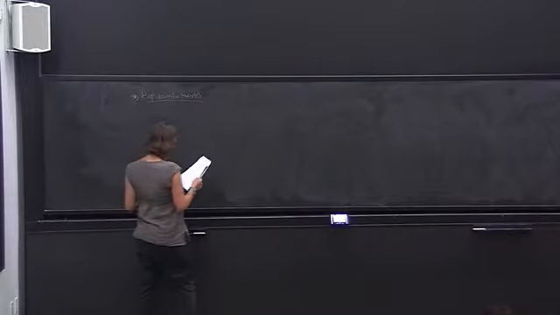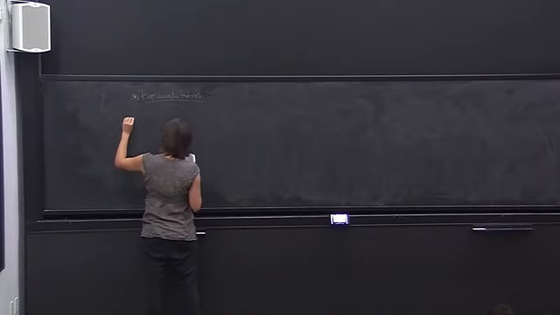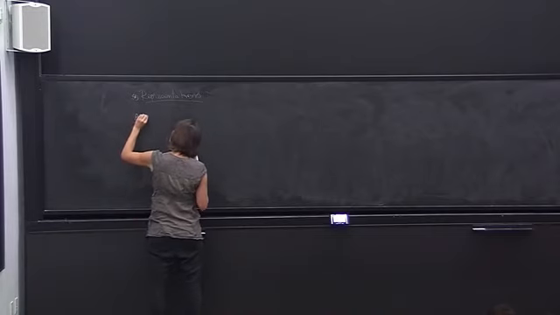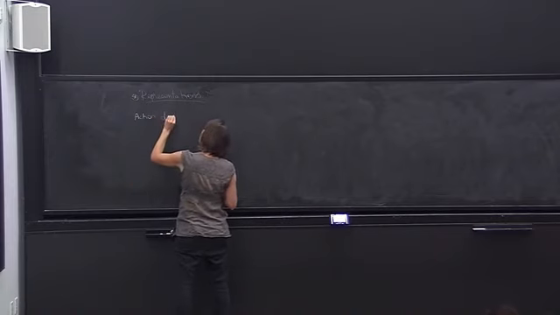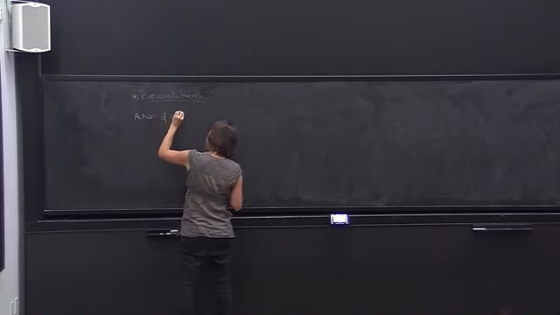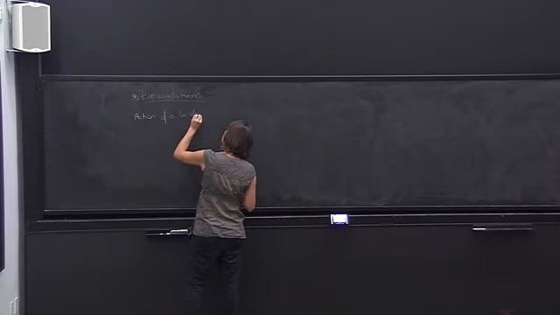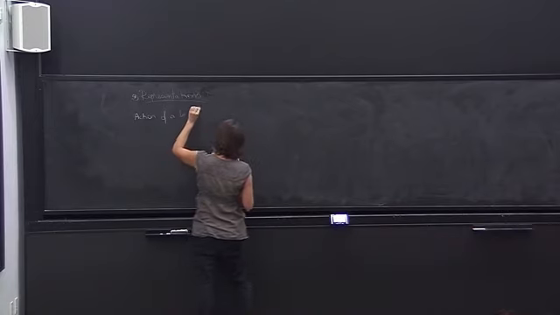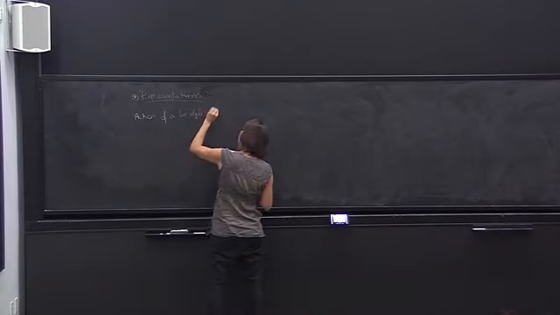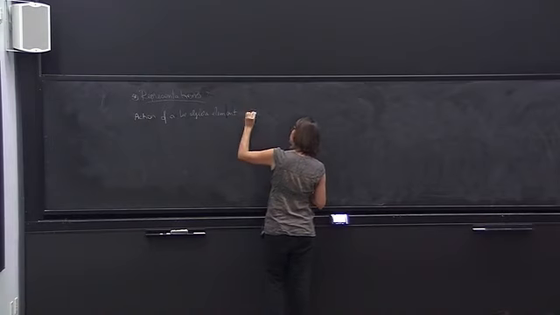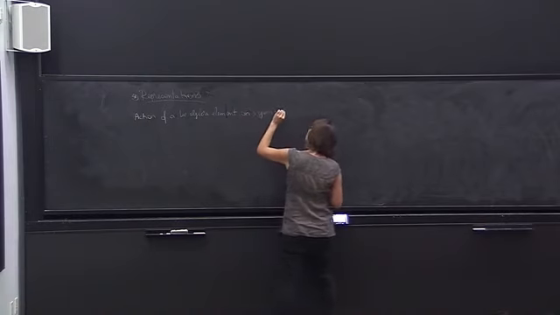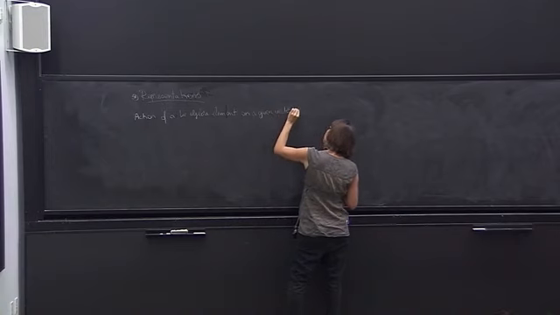Okay, so here, what we want to make precise is the action of a Lie algebra element, of any Lie algebra element, on a given vector space.